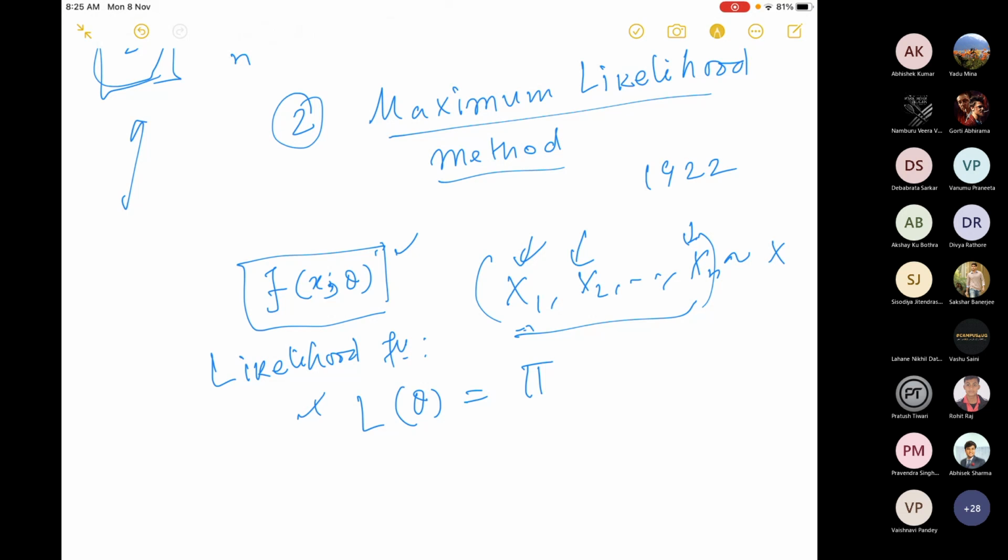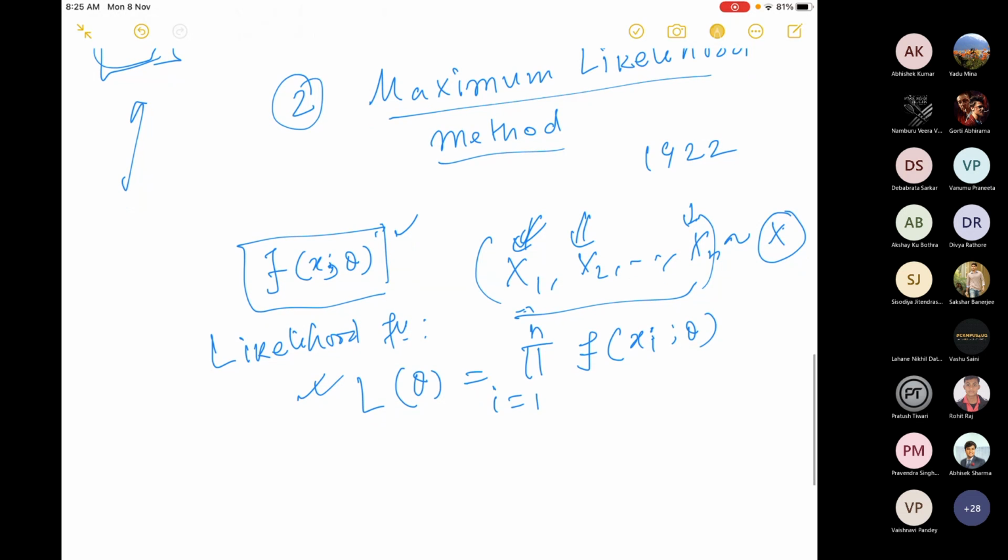That's how I'm defining L of theta. Theta is the same because they're all following x, but the values x1, x2, ... xn differ. So this is the product of the individual PDFs of xi, for i equal to 1 to n, and this is what we call the likelihood function.